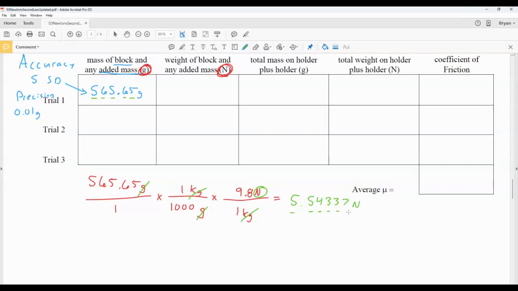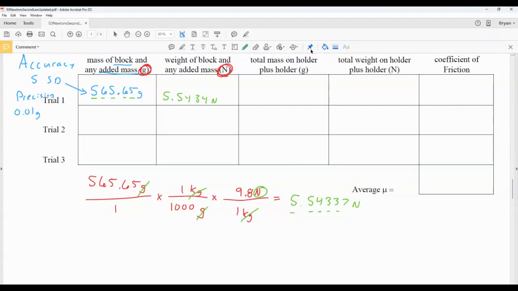So I need to use normal rounding rules to fix this. So extra place, that 7 can't stay. So I will have 5.5434 because the 3 will round up, and then newtons. Okay, so this is still 5 significant digits. That stayed the same.